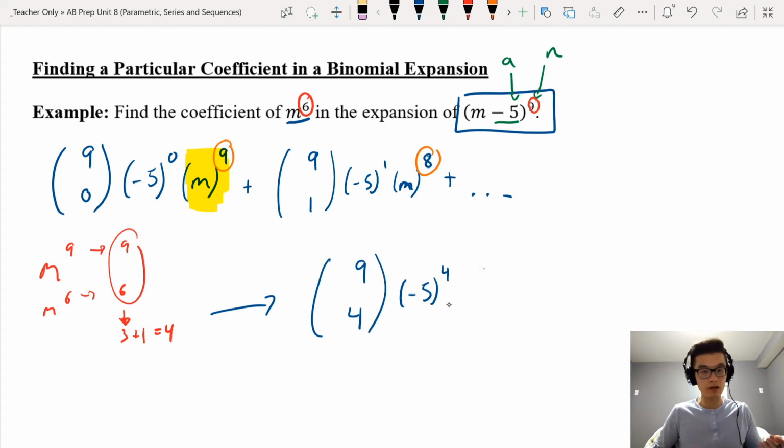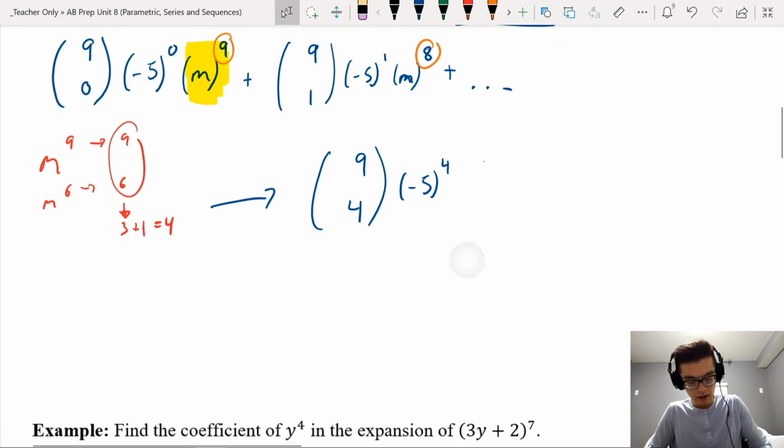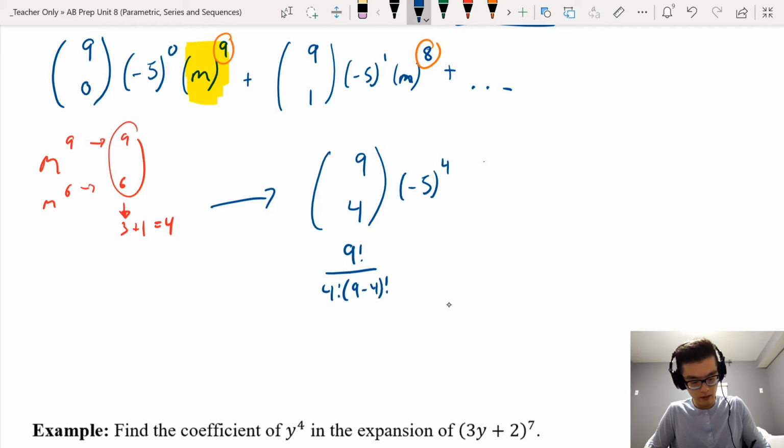And so now we just calculate this, right? So this top portion, we can go ahead and utilize the calculator to help us out a little bit. But just to go back to some basics here, we got 9 factorial over 4 factorial, quantity 9 minus 4 factorial, multiplied by the negative 5 to the 4th power. Some easy ways to go about it are some tricks.